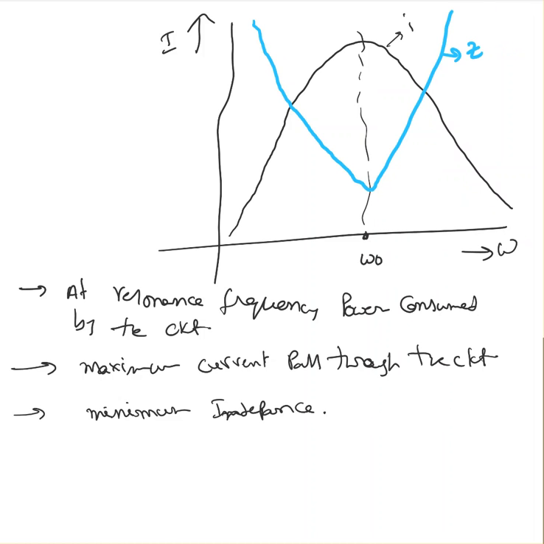Now I'm going to define two more terms called half power frequencies. Half power frequencies are frequencies at which the power consumed by the circuit is half of the maximum value. Here the current is going to be I over square root 2, which is 0.707 I. These half power frequencies are omega 1 and omega 2.